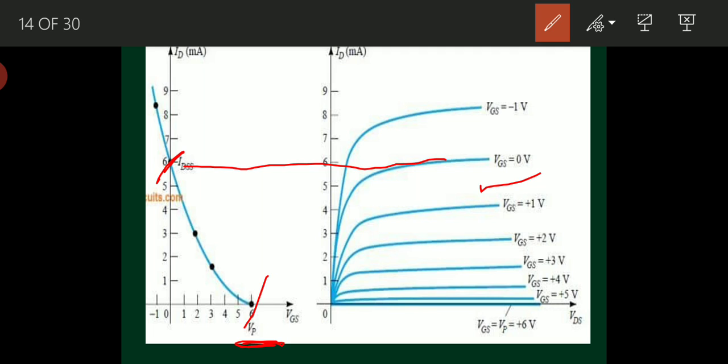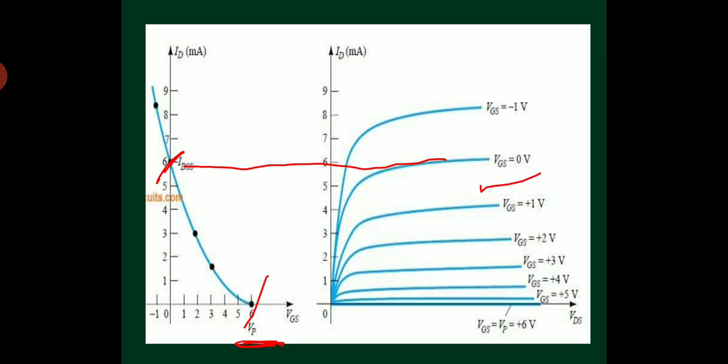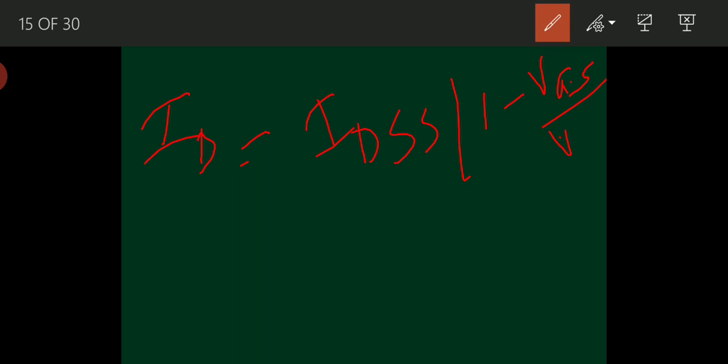So the equation is ID equals IDSS into 1 minus VGS by VP whole square. When VGS equals 0 volts, ID equals IDSS. When VGS equals VP, ID equals 0.